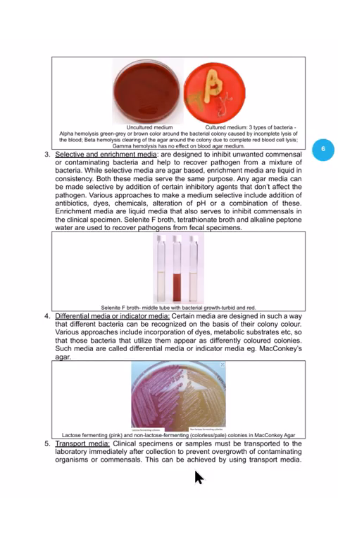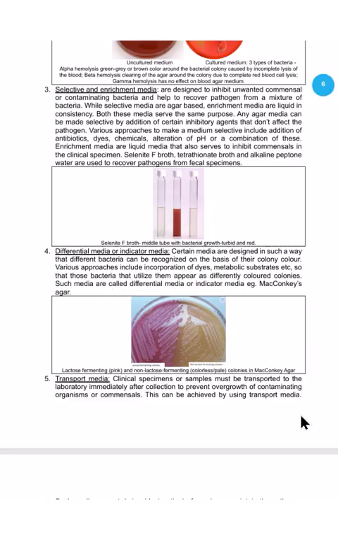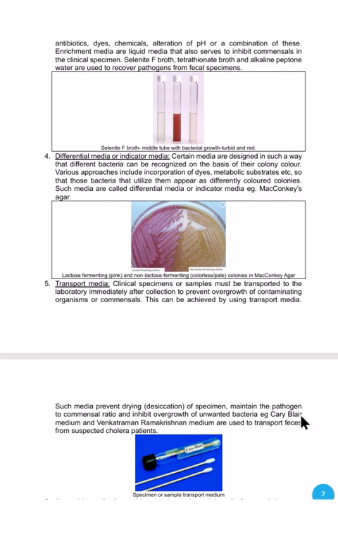This type of transport medium is used widely in microbiology laboratories, as you can see here. It prevents drying of the specimen and maintains the pathogen. If there are commensals and pathogens, it will keep the number at the same ratio.